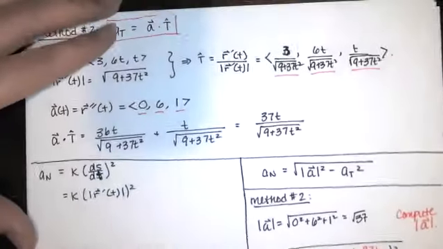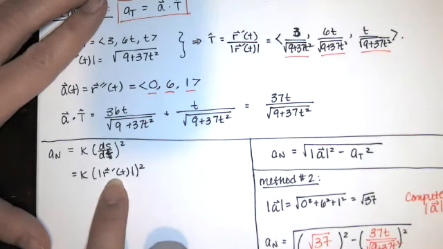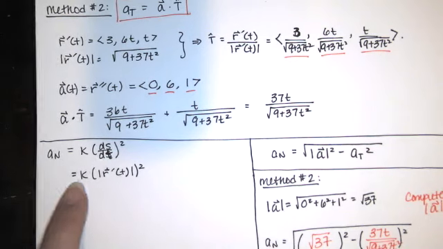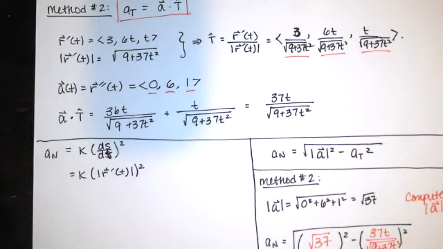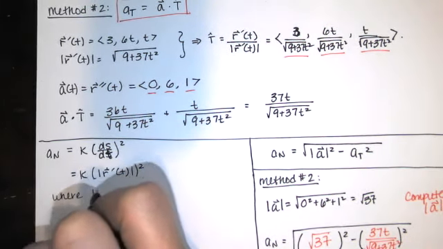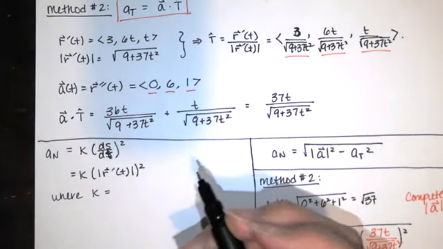The other option is to find curvature and multiply it by the speed squared. We're going to get to the same place. It's going to take a little bit more to get curvature first. So our curvature formula in terms of r is this.